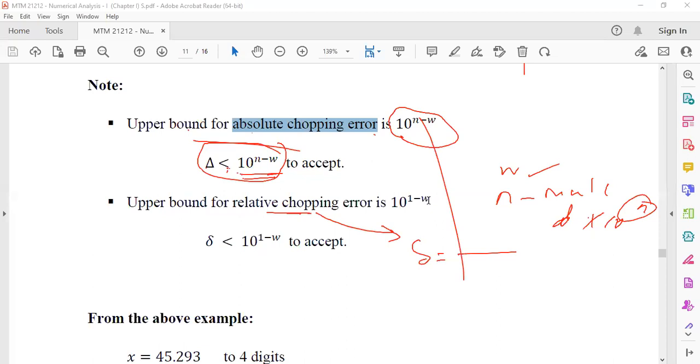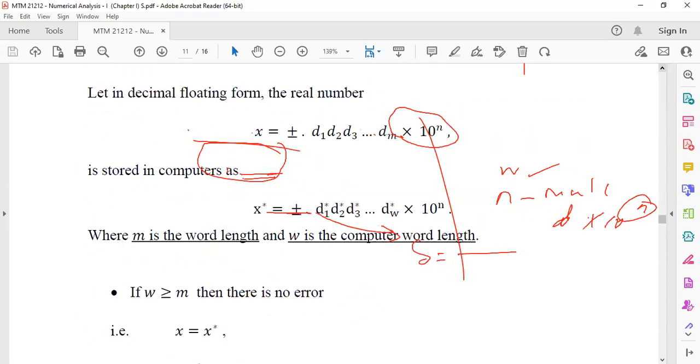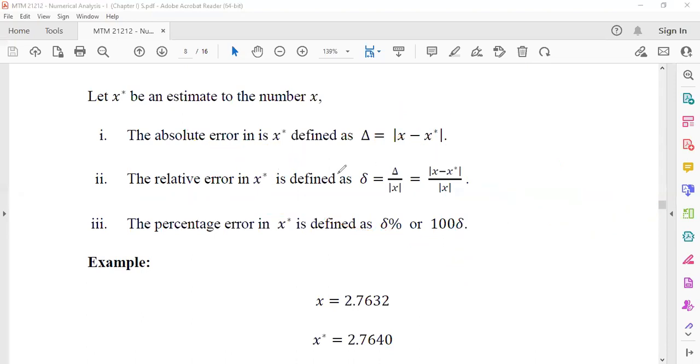Relative error, yes. What is the formula? It is delta divided by mod x, yes, not mod x bar. I think we have to go here. Yes, this part, check this out. Delta is the modulus of x minus x star.